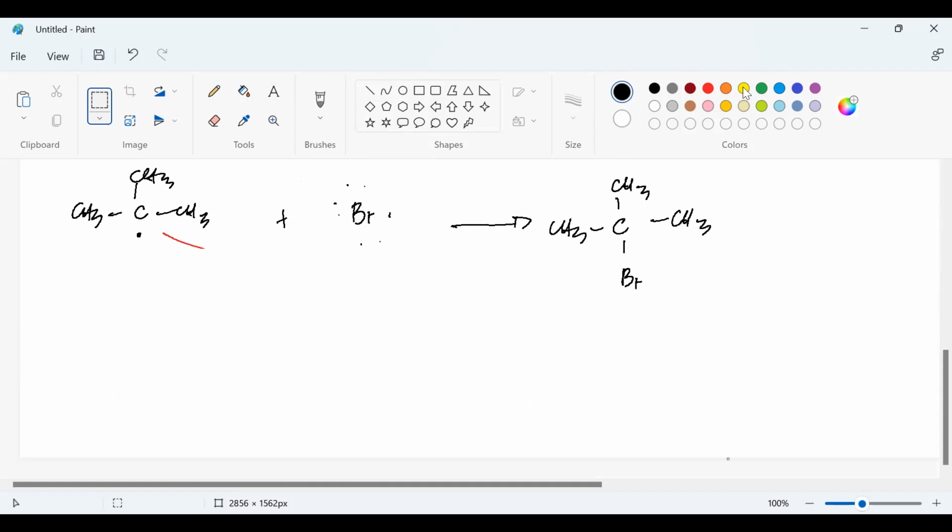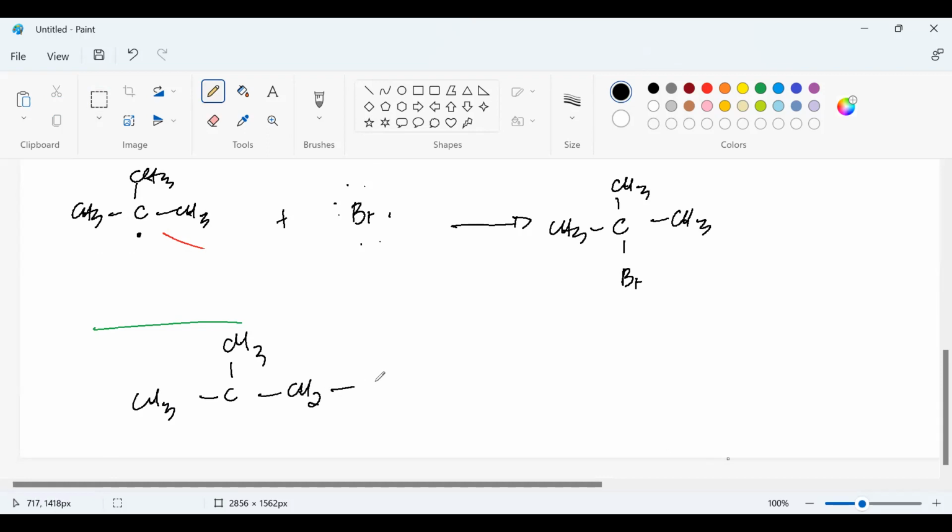If you have this one, let's copy this. You have your CH3, you have your CH3, CH3. I'm going to emphasize the hydrogen that will be abstracted.